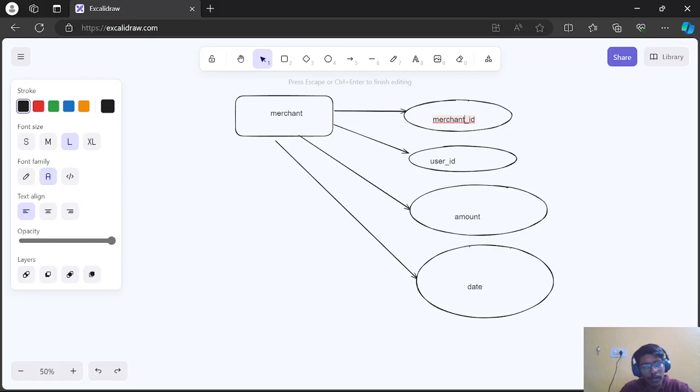It is used as a primary key to identify the merchant records in the database. And the next one would be name, which specifies the merchant's name or the business name that he is doing.